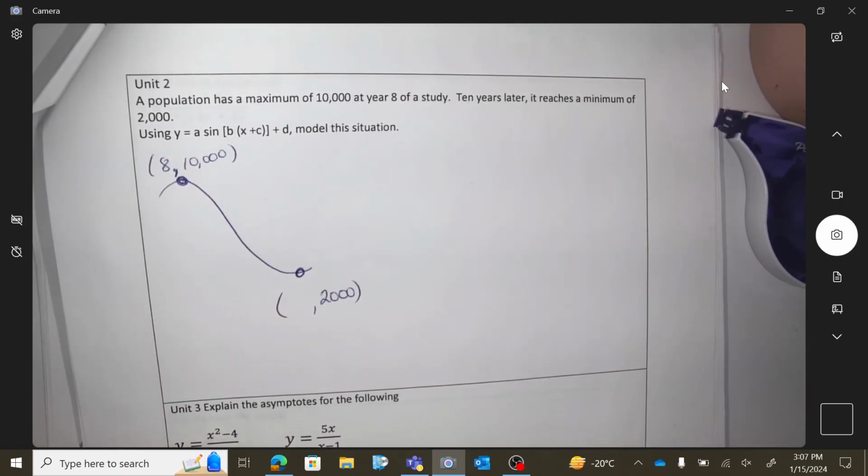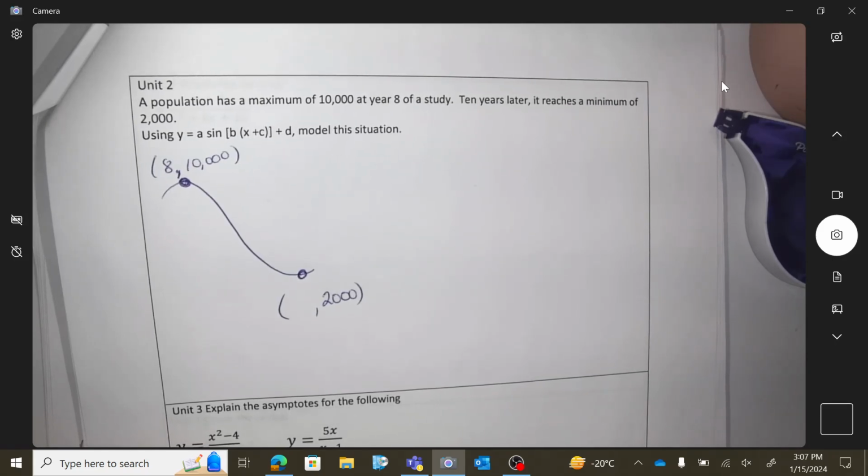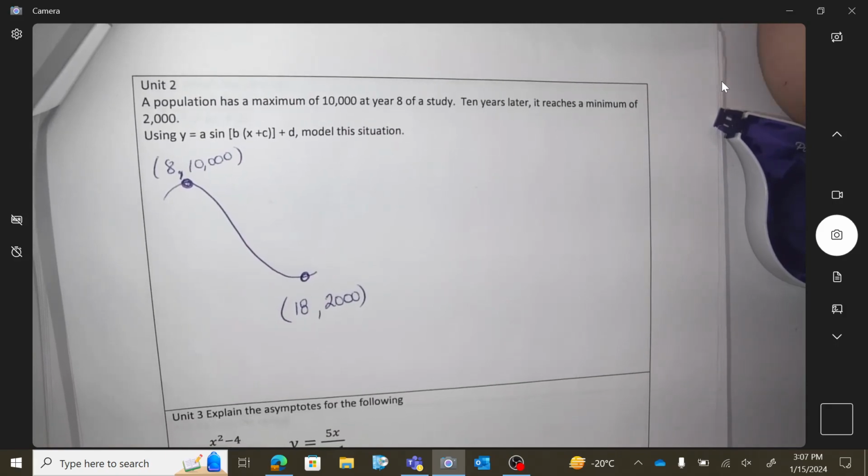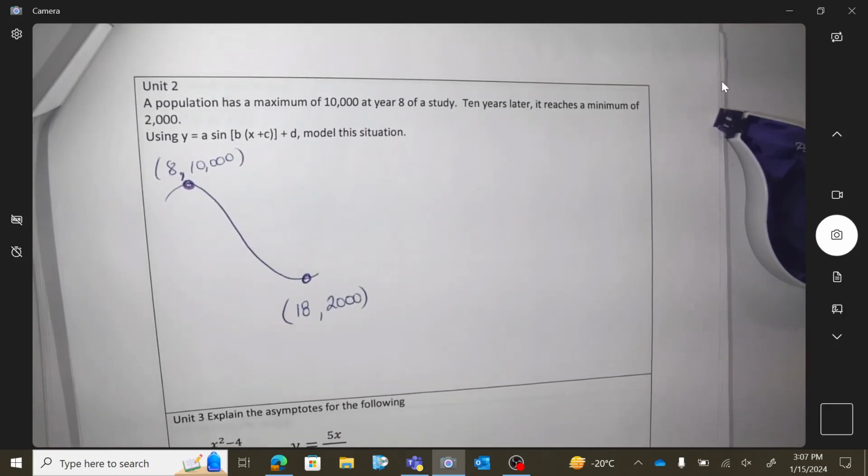So you have to be careful here because the word says 10 years later. 10 years later, not at 10, 10 years later. Oh, it's actually tricky.